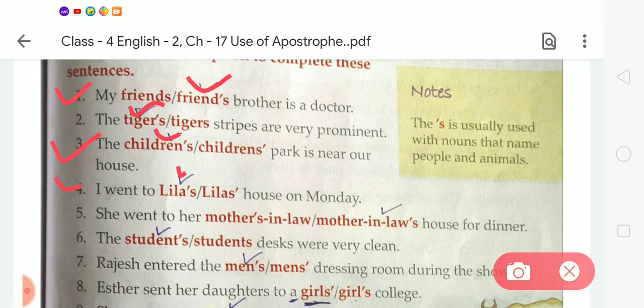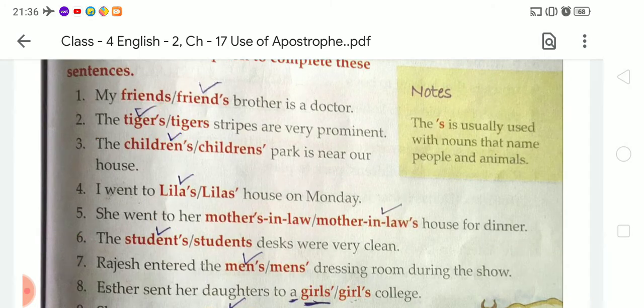In number 4, we have to take the first. After that, number 5: she went to her mother-in-law's house for dinner. We have to choose the correct one. Number 6: the students and the students' desks were very clean. Here the students' is correct. Number 7: Rajesh entered the men's dressing room during the show.